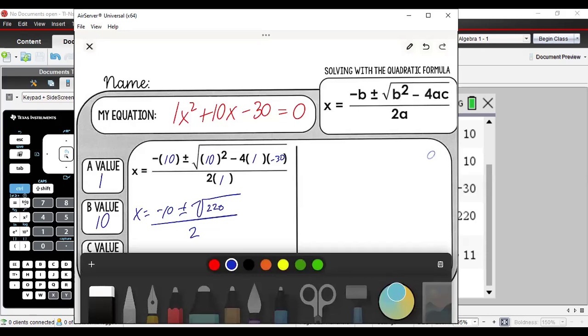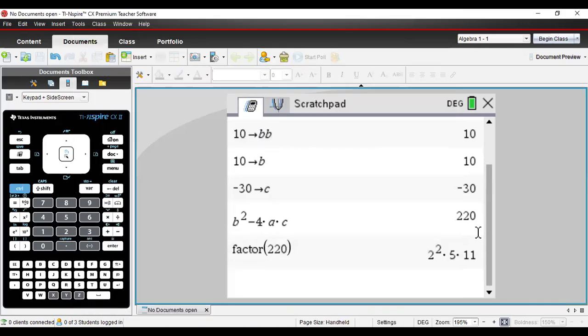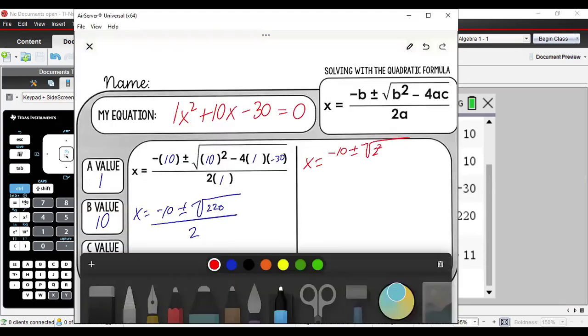I'm going to rewrite it over here as x equals a negative 10 plus or minus, and I'm going to write it as 2 squared times 5 times 11 over 2.